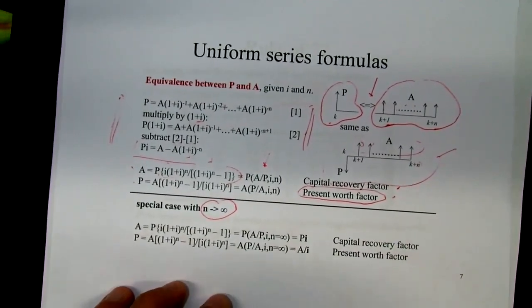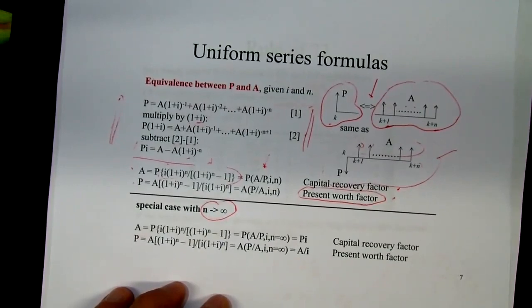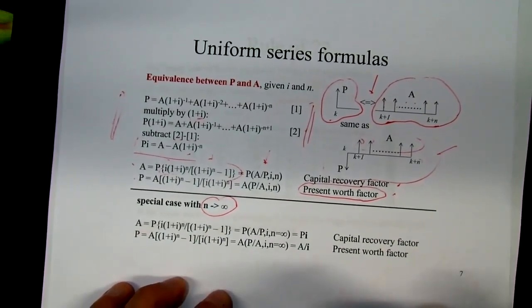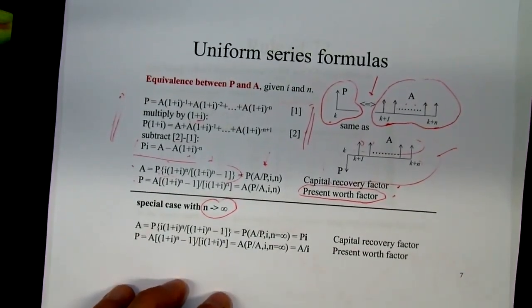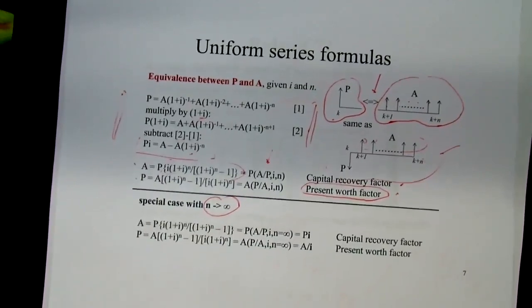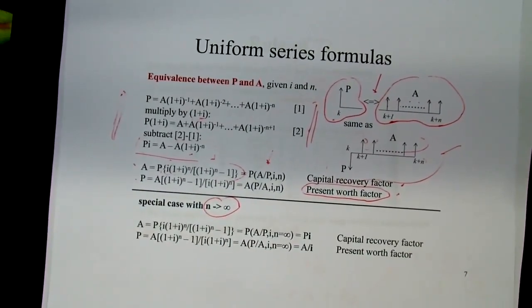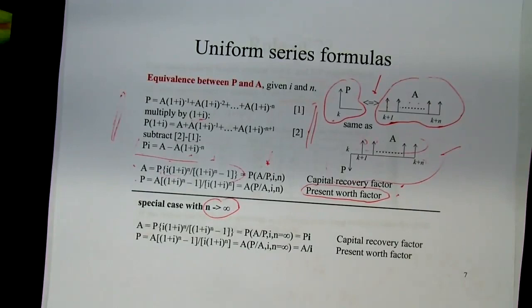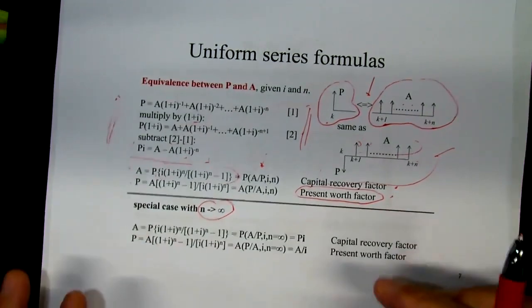However, it does make sense when you're doing planning for very large projects, especially in civil engineering, because sometimes you are building such massive structures that you don't really see an end in sight. For example, you build a dam, a highway, a building, you don't foresee that it's going to be dismantled, so the life is considered forever.